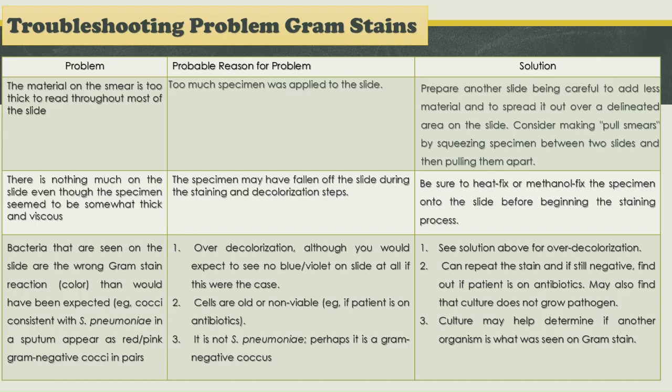Cells are old or non-viable, for example if the patient is on antibiotics. 3. It is not S. pneumoniae, perhaps it is a gram-negative coccus. Solution: 1. See solution above for over-decolorization. 2. Can repeat the stain and if still negative, find out if patient is on antibiotics. May also find that culture does not grow pathogen. 3. Culture may help determine if another organism is what was seen on gram stain.